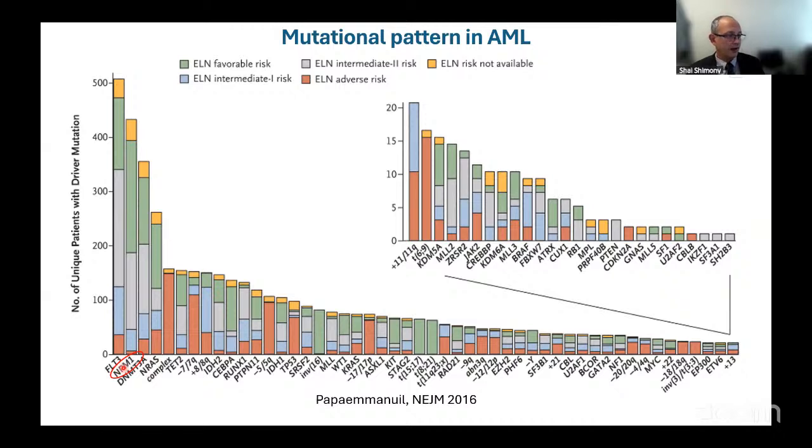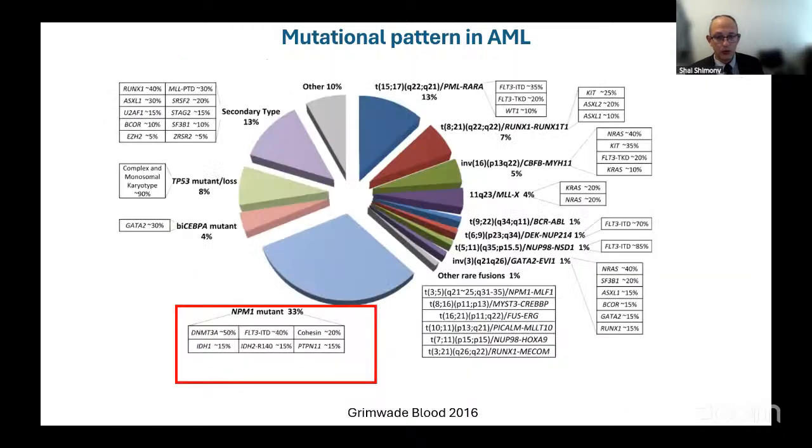And this is important because this will allow us both to evaluate how severe the disease is, and also it allows us to look for targetable mutations that we can target with therapies.